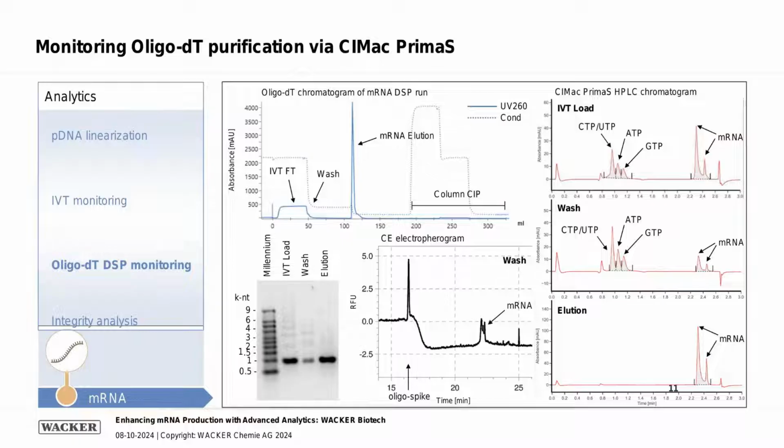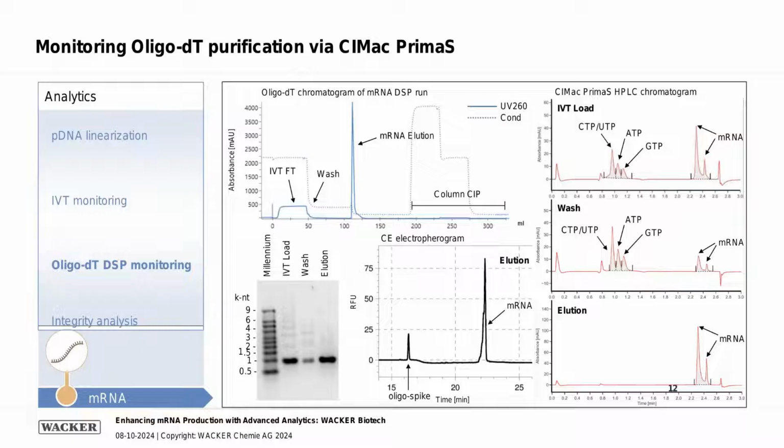Agarose gel electrophoresis and capillary gel electrophoresis give you a good impression of what the integrity and the quality of the RNA looks like. However, you don't get much information about the purity of the RNA, especially in terms of small components like NTPs. And these you can see in the Prima S chromatogram.